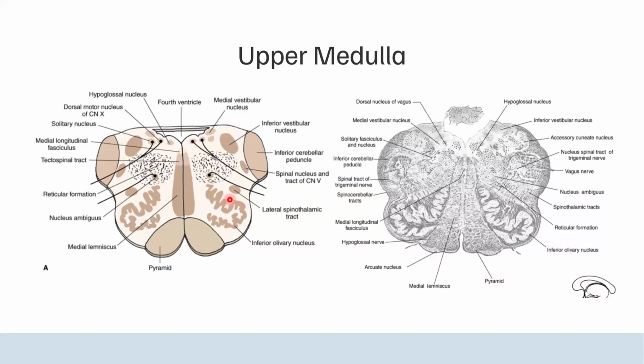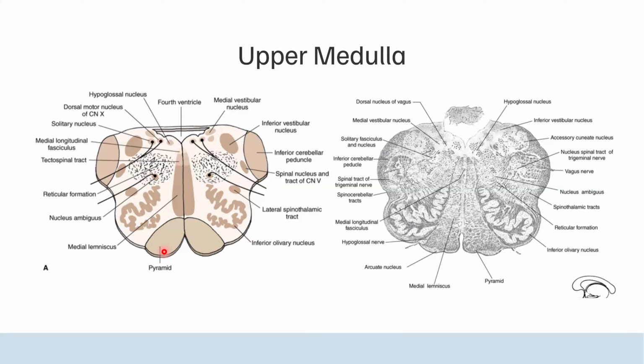Moving forward a bit, we're going to have even more laterally the spinal nucleus of our trigeminal, as well as this weird nucleus ambiguus that we're not really sure what it is. Then we have our medial lemniscus, which we saw the decussation of, and our medial longitudinal fasciculus.